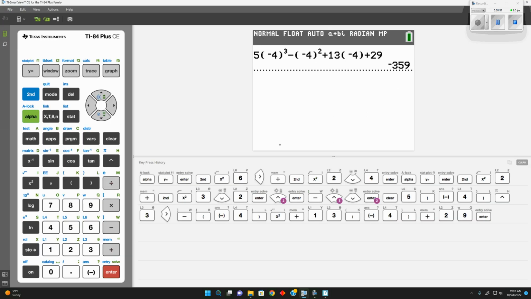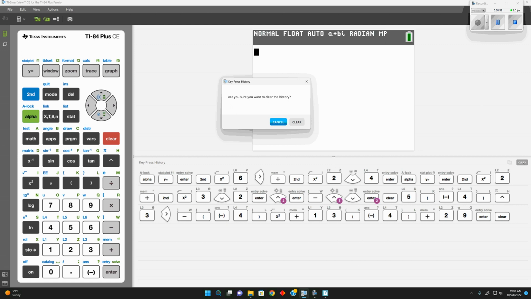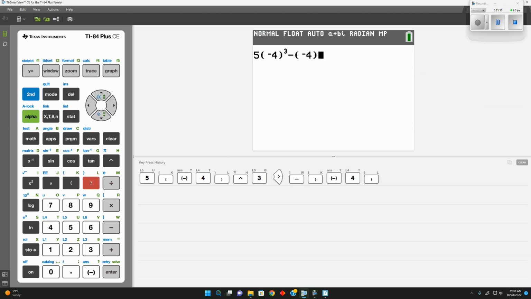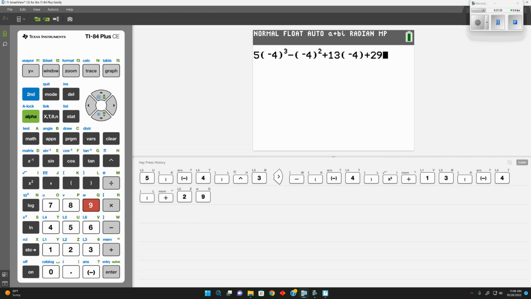Now, on Tuesday, when we evaluated, we essentially plugged negative 4 in for every x spot. And doing this here would give us the value for this function.